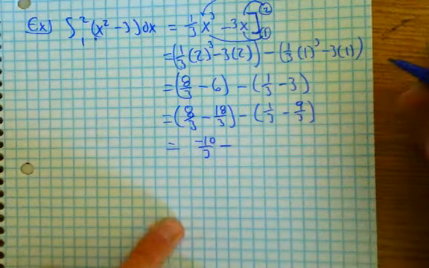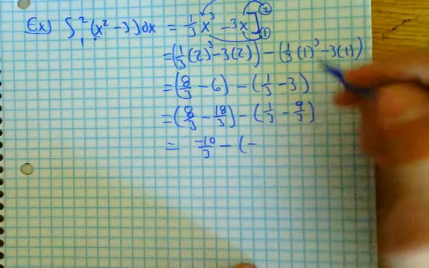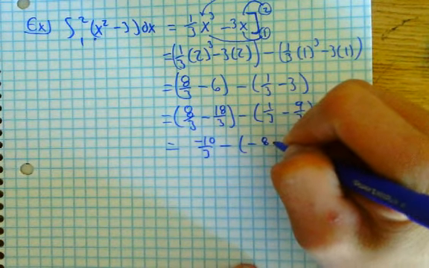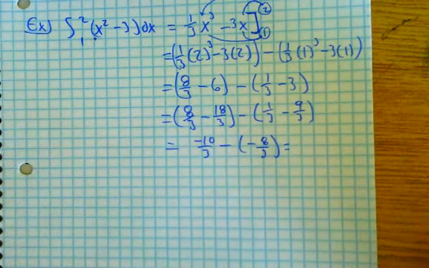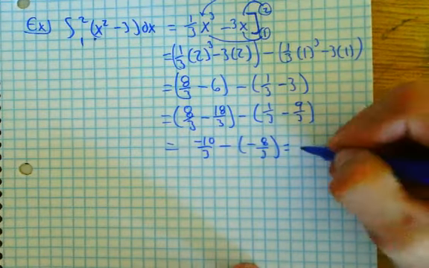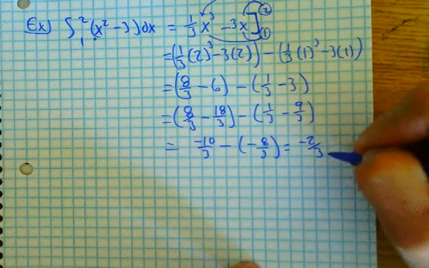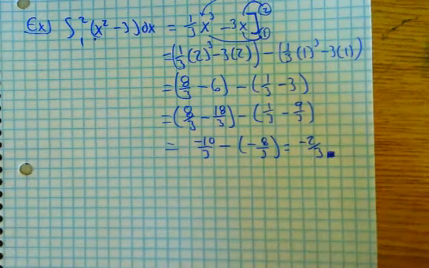Negative 10 over 3 minus negative 8 over 3. Negative and negative make a positive, so negative 10 plus 8 is going to be negative 2/3, and that is going to be your solution.